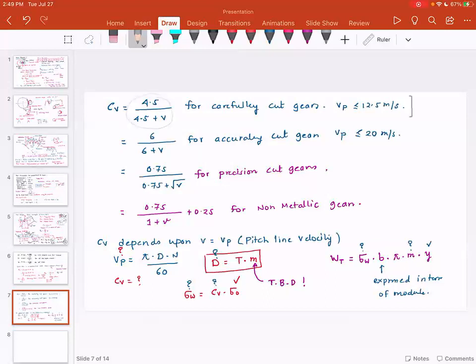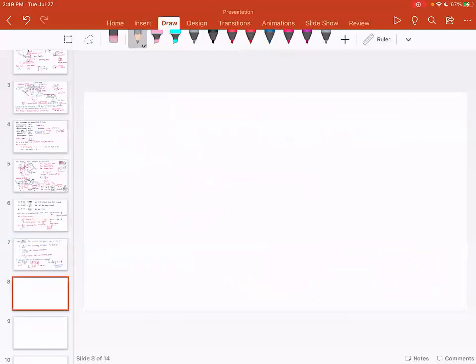So what are the typical values of static stress for different materials? I'm not going to list the material properties for all the materials, but I'm going to give you values of sigma O, the static strength of materials. If you have cast iron as the gear material, sigma O is 56 Newton per millimeter square.